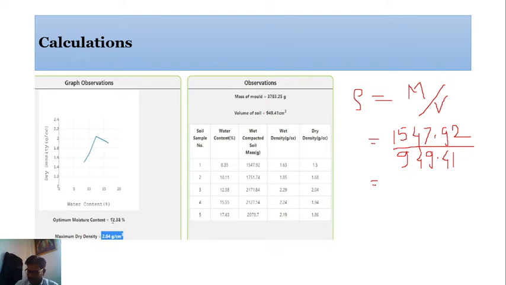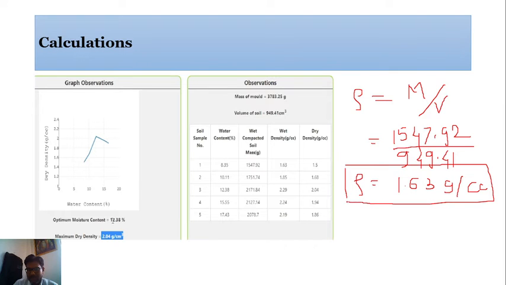After dividing 1547.92 by 949.41, we get 1.63 gram per cc, which is called the wet density of the soil.